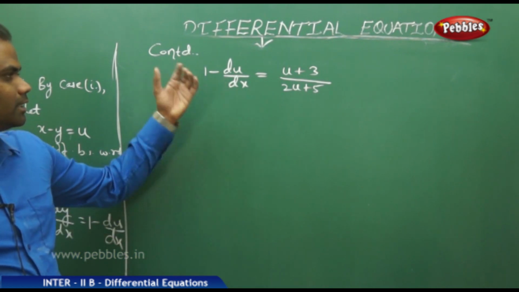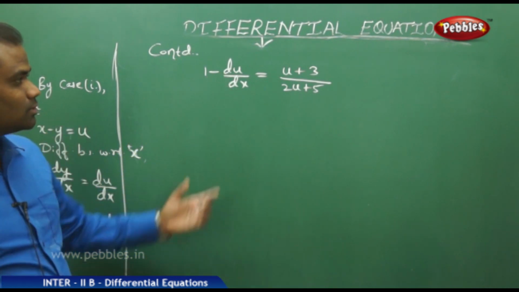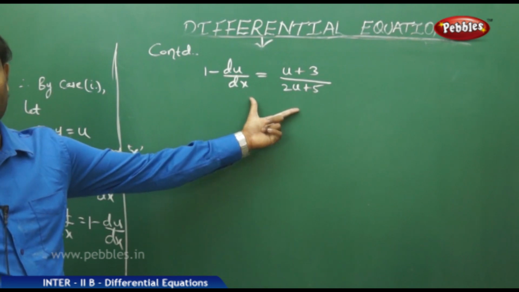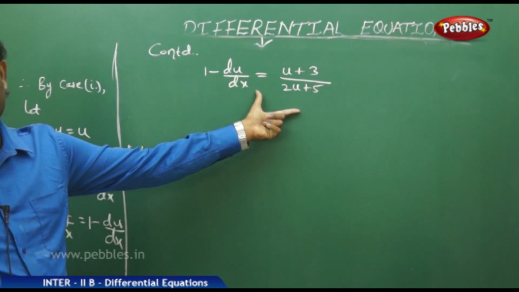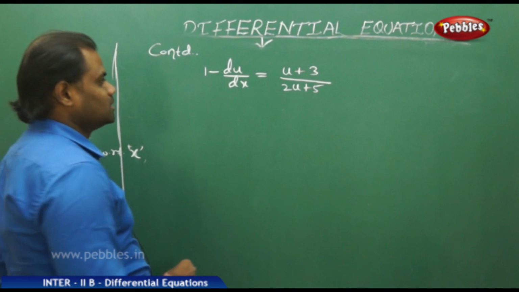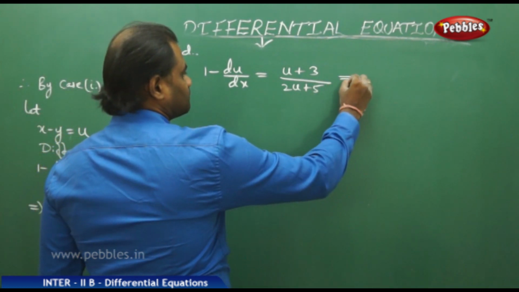And therefore, clearly I see that this is reduced to a variable separation method where I can separate them into two different variables. So let's see how we can do that.